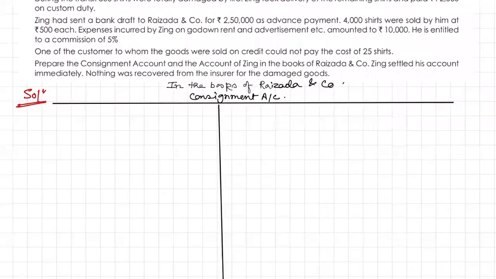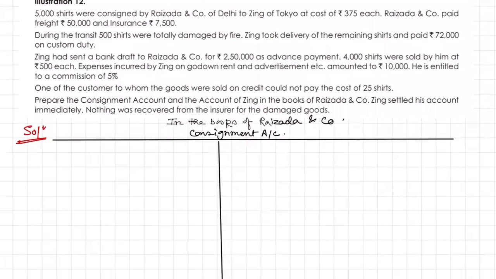So the very first entry, 5,000 shirts were consigned at a cost of 375 each. It will be To Goods Sent on Consignment, 5,000 into 375.